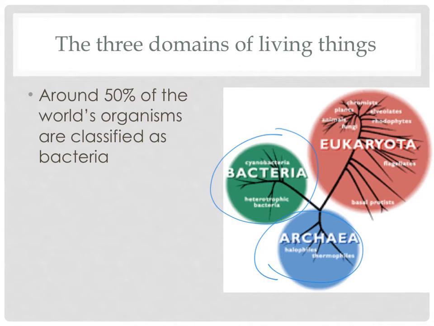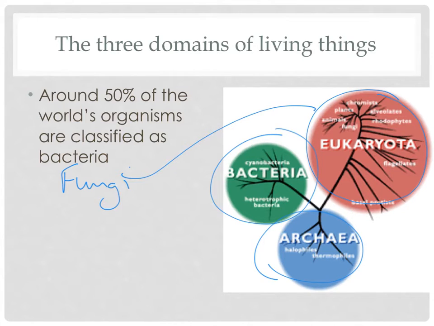Our fungi are eukaryotic cells, so the fungi we're thinking of are things like yeasts or molds. Some fungi are beneficial, some are harmful. Beneficial fungi include decomposers, yeasts that are used to make bread and wine and beer, and fungi that are used to produce antibiotics.